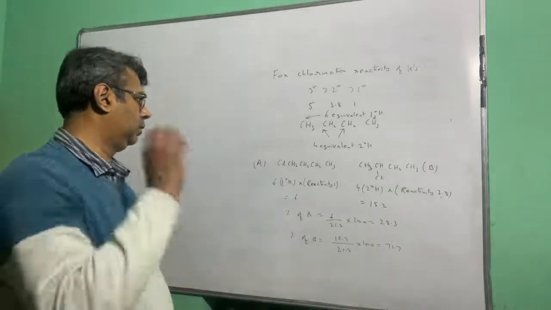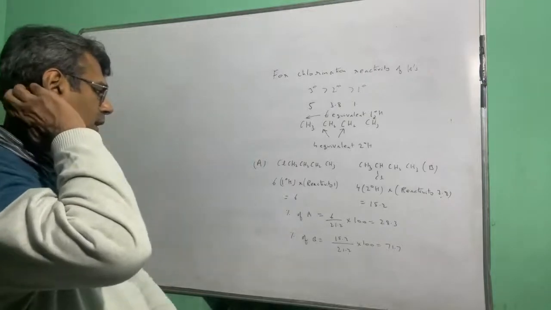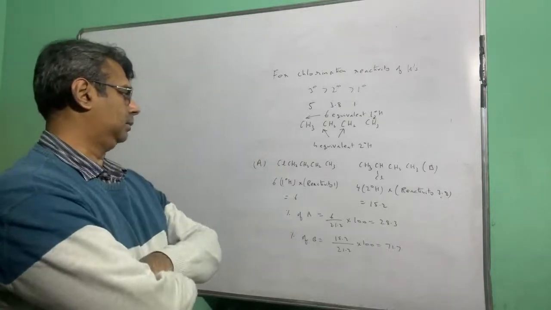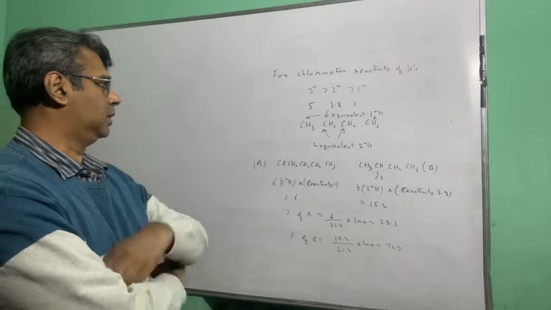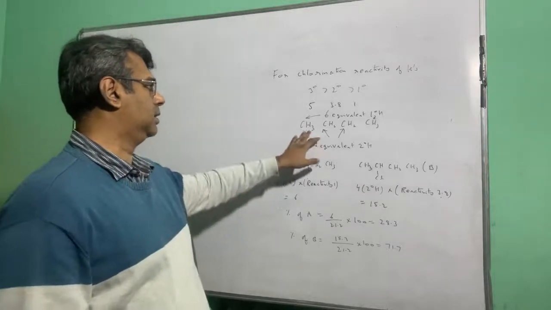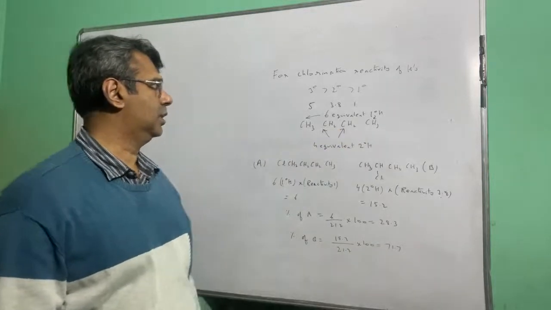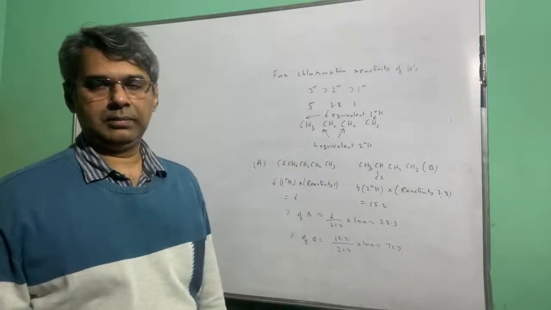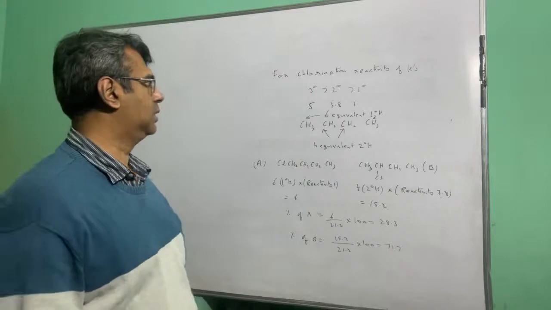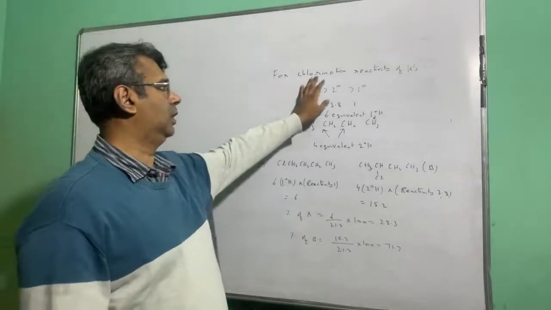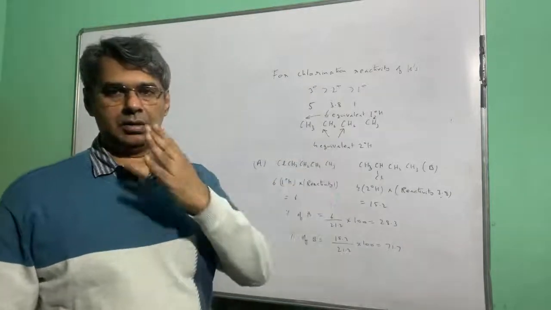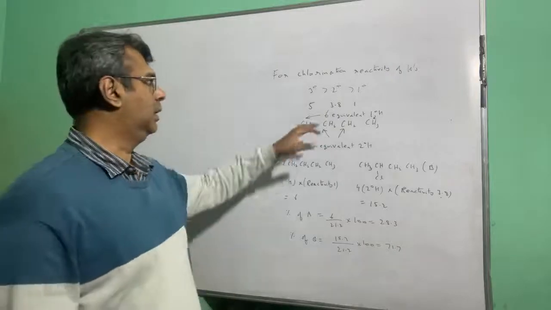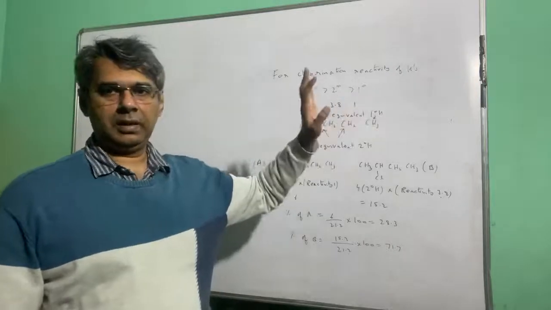Suppose there is an alkane CH3, CH2, CH2, CH3, and you want to do chlorination of this alkane. For chlorination, the order of reactivity of the different hydrogens is tertiary greater than secondary greater than primary.